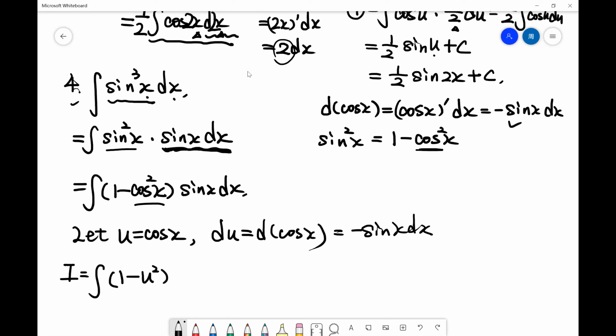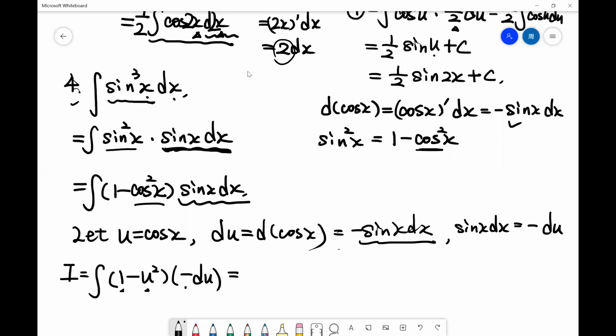And then times sine x dx. Sine x dx should be minus du, right? So here we times minus du, and we use the minus sign to change the places of 1 and u squared.